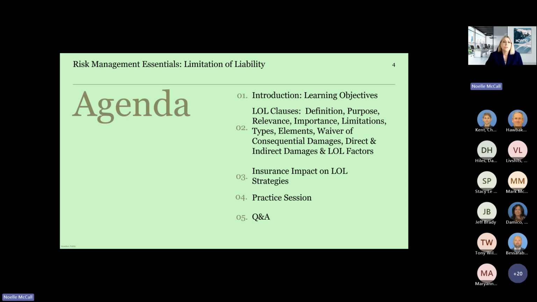Next, we'll look at the insurance impact on limitation of liability strategies. Believe it or not, there are strategies with regards to insurance around limitation of liability.